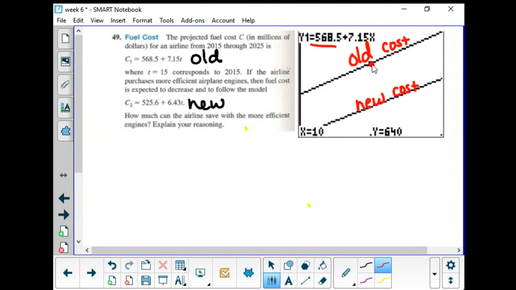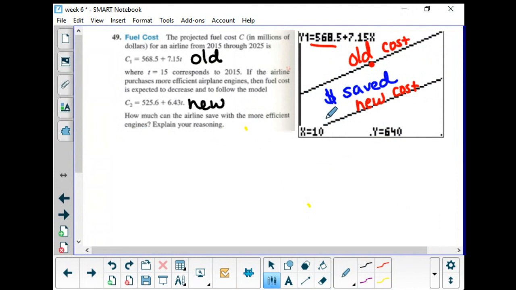Obviously, there's a gap between them. And so if we, in this scenario, calculate the space, it can represent money saved. If we are following the new cost model instead of the old cost model, our costs are lower.